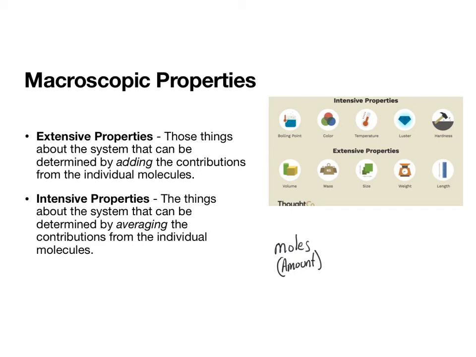Another thing would be volume. As I add molecules to my system, my volume increases. And so if I know the volume of an individual benzene molecule, then I can add the volumes of my individual benzene molecules together.